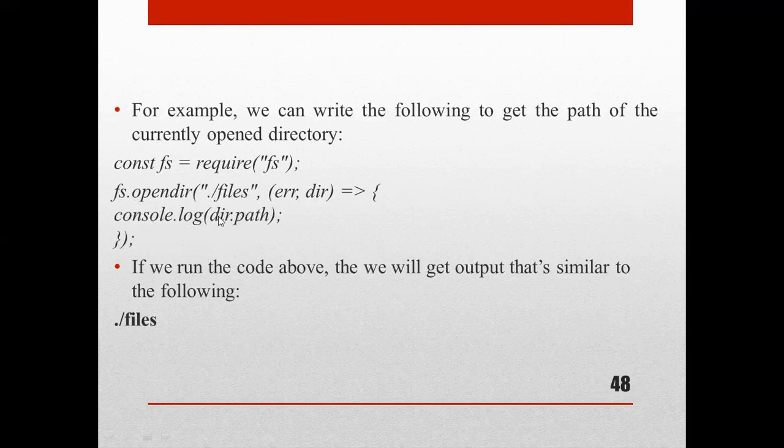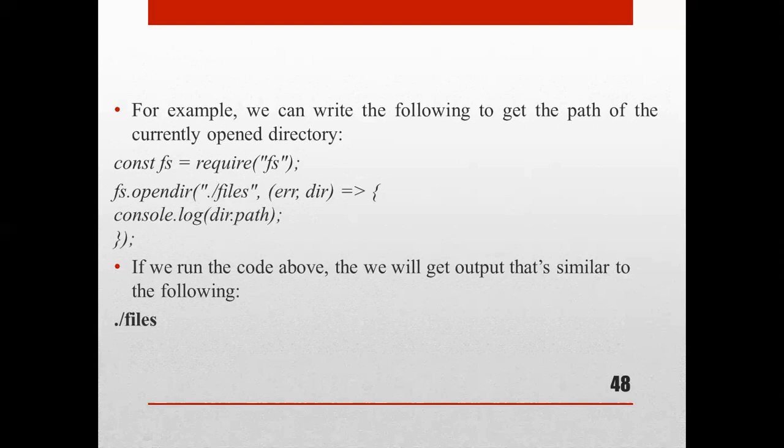What will it return? It will return the path of that directory. Here that path we have already mentioned, dot slash files, so it will return dot slash files. Here you can see the output of this code. So this code is for getting the path of the currently open directory, the directory we are opening.